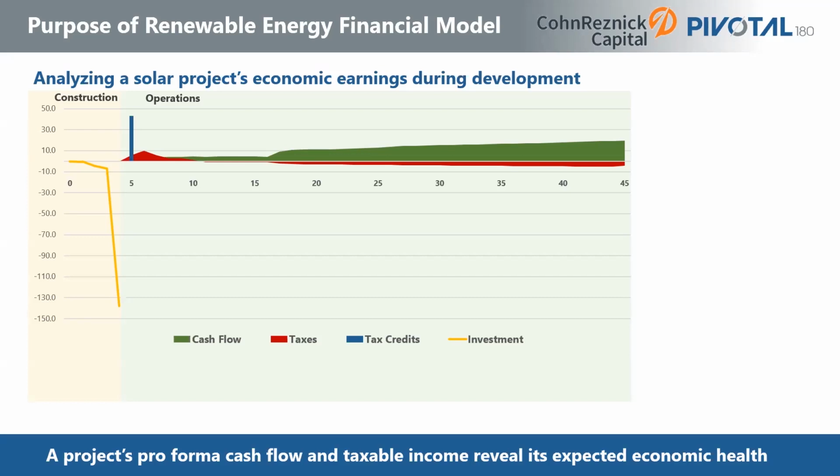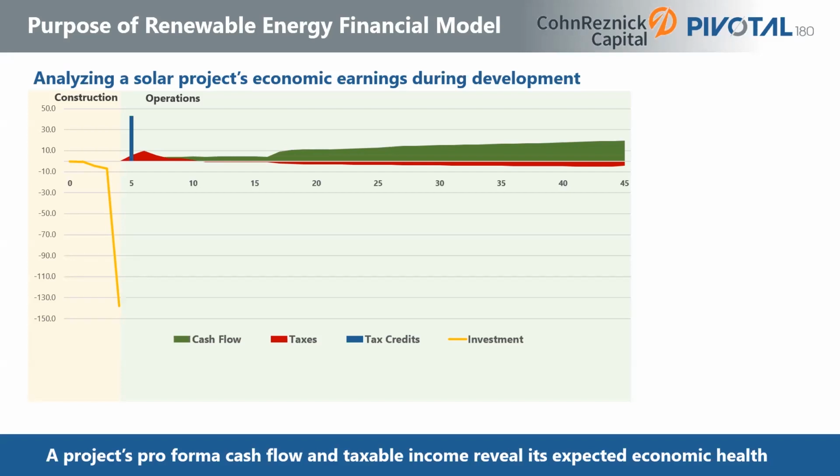Great. So for the next series of charts, it's important for me to explain a few conventions I'll be using here. Yellow color will represent investment from capital providers, and this is a yellow line. Green will be used for project cash flow. Red will be used for project taxes, and this includes accelerated depreciation benefits.